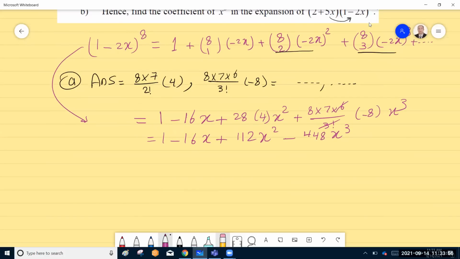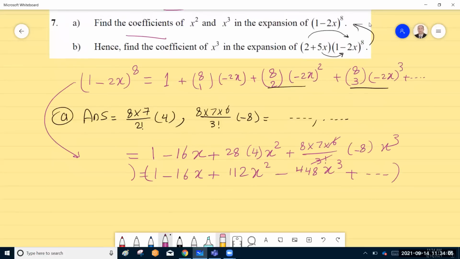So the x cubed comes from, if you multiply this expansion by the first one in the question here, which is 2 plus 5x, the x cubed, as I told you, comes from multiplying 2, this one, by the x cubed here, 2 times negative 448.